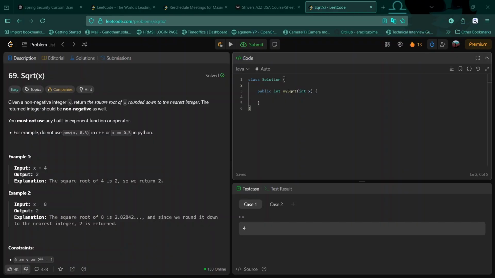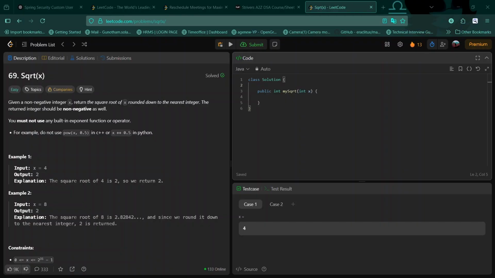I will find the mid of the pointers, square it, and compare it with x.